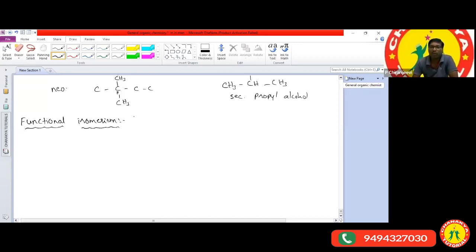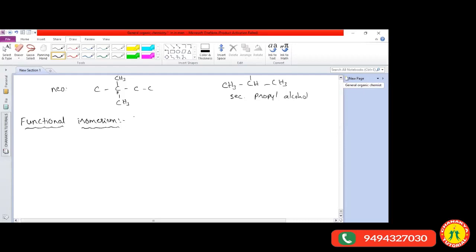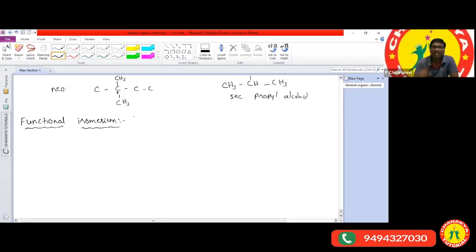I'm asking for the definition of the functional group, not the functional isomerism. So a functional group is nothing but a group of atoms which are responsible for the chemical properties of the compound. That is called a functional group.